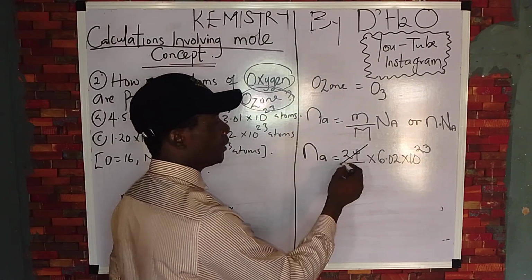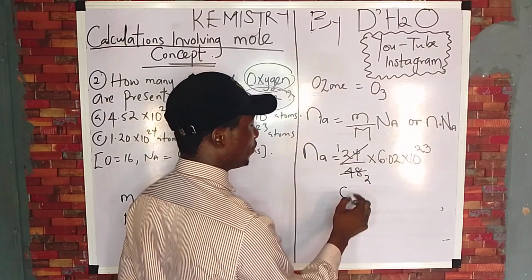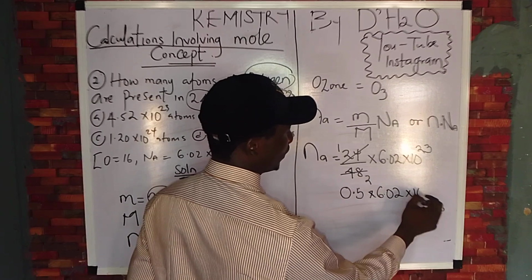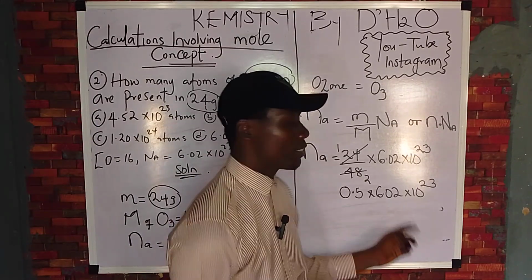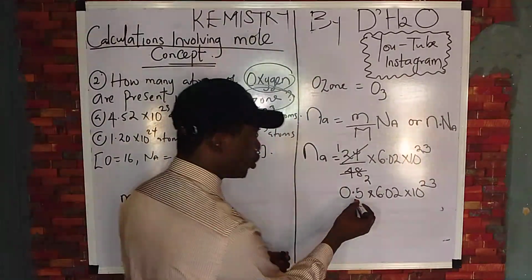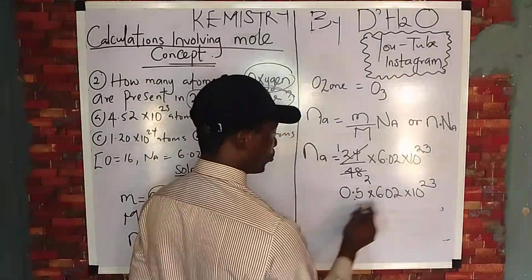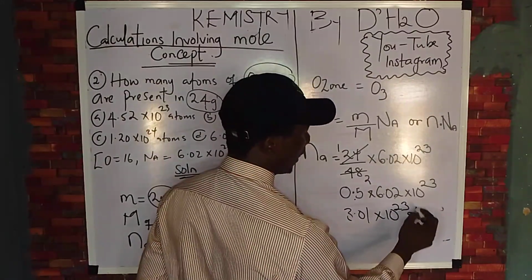If you divide this by 24, you have 1. Divide, you have 2. So 1 over 2 will give us 0.5 times 6.02 times 10 raised to the power of 23. Multiply just these two first, 0.5 by 6.02, and you have 3.01 times 10 raised to the power 23 atoms.